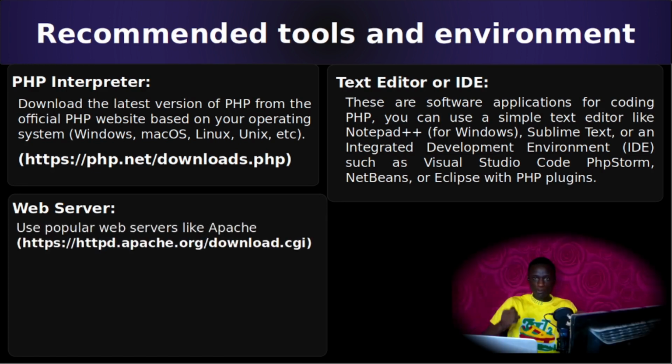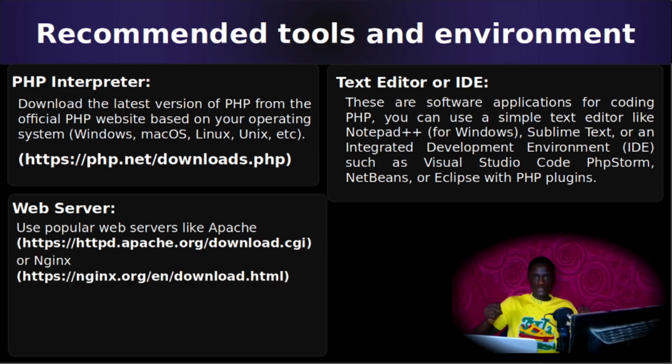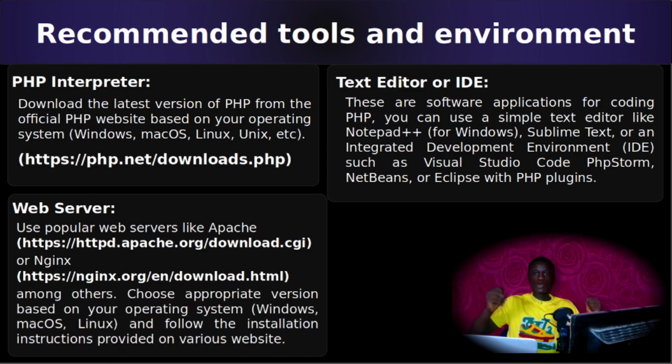So you can download popular web server applications like Apache from the official Apache website, which is apache.org, or you can download Nginx from its official website, among many other web server application software. So all you need to do is to properly choose the appropriate version that is meant for your operating system, could be a Windows, a Linux, or a Mac operating system, and follow the installation instructions on the official website.